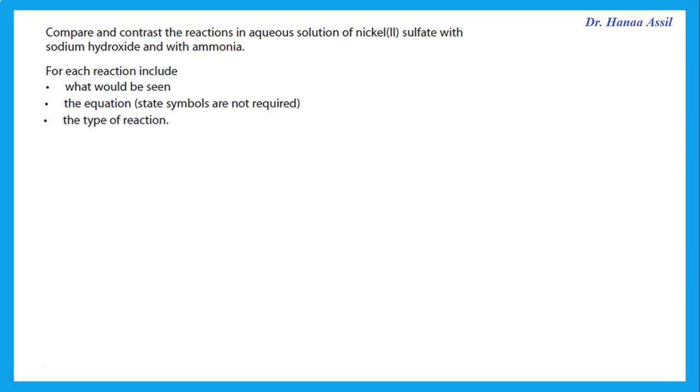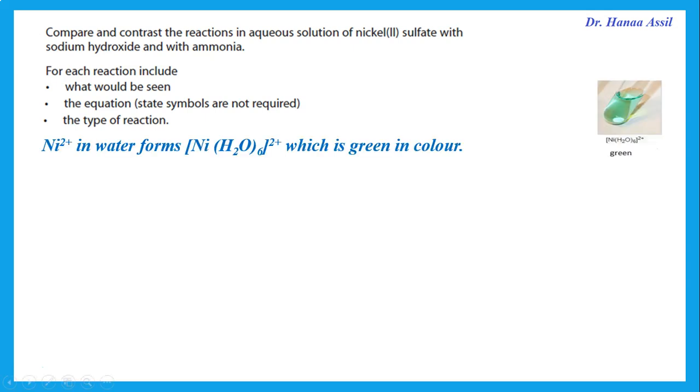So we're starting with nickel 2 sulfate solution. That means I have nickel 2+ in solution. So the first thing that happens is it forms a complex with 6 water, and you have to remember the colors. The nickel complex with 6 water is green in color.